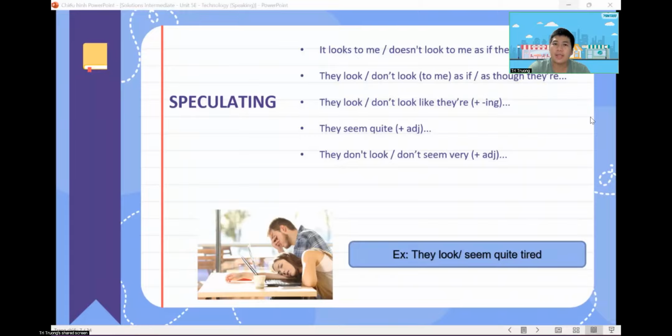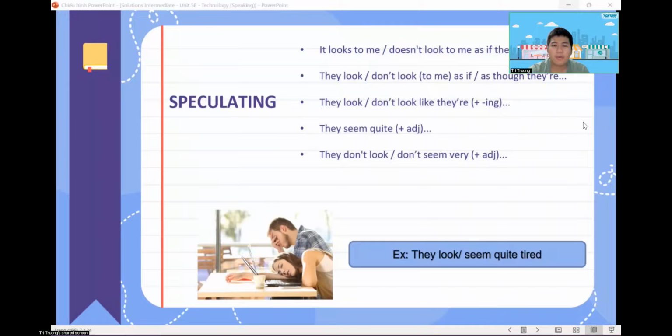The second one: they look or they don't look to me as if they are. The third one: they look or they don't look like they are plus a verb in -ing. Họ trông có vẻ là... ví dụ như họ trông có vẻ không hào hứng lắm. They don't look like they are excited.